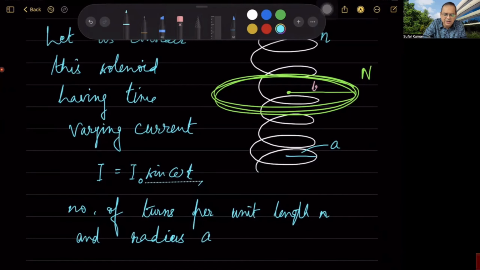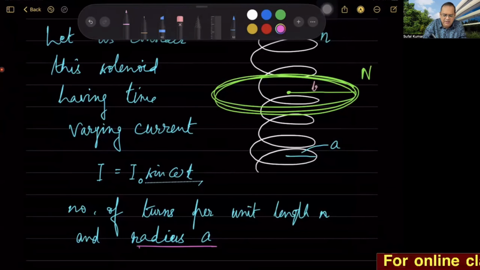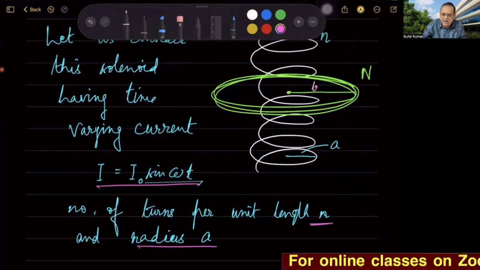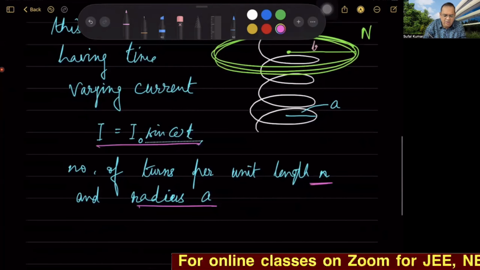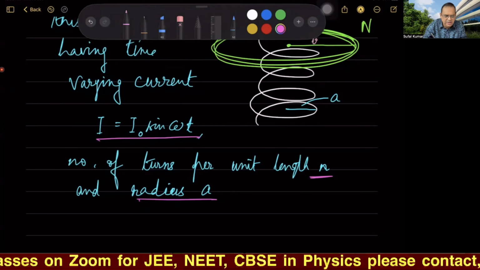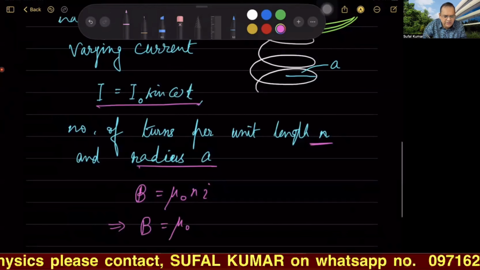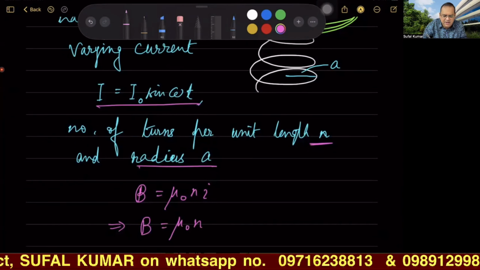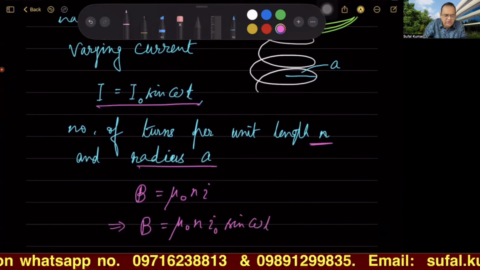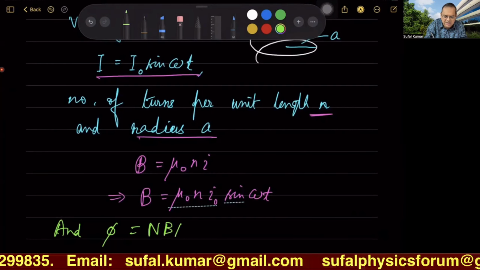Let me indicate again with some other color: radius a, and this is n number of turns. Already we know the magnetic field due to the solenoid is mu naught n I, replaced by I naught sine omega t, and phi is NBA.